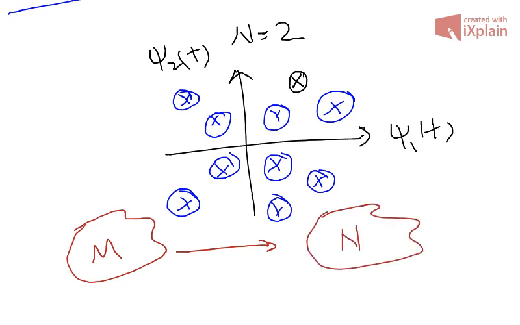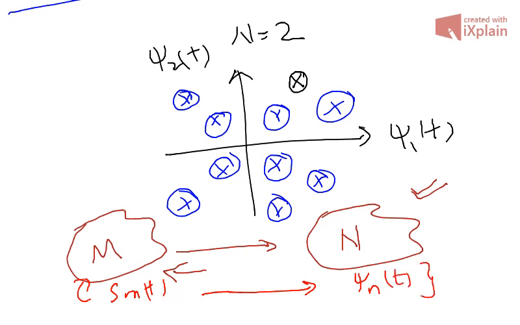Then we saw that each of the waveforms Sm of t from this set can be represented as a linear combination of these psi n of t, these orthonormal signals.